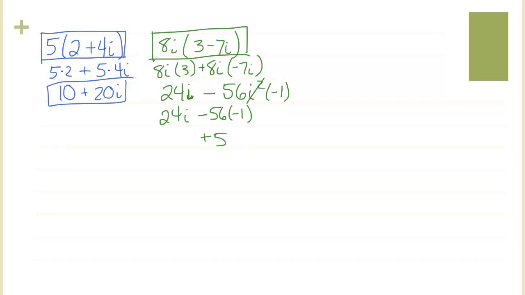So that's positive 56. So in order to write this in standard form, we need the real part first. That's positive. My imaginary part is also positive, so plus 24i. If my imaginary part was negative, that would turn into a minus. So there's an example again of we don't want to have an i squared in our answer. We're going to have i squared getting replaced by negative 1 and doing that multiplication.